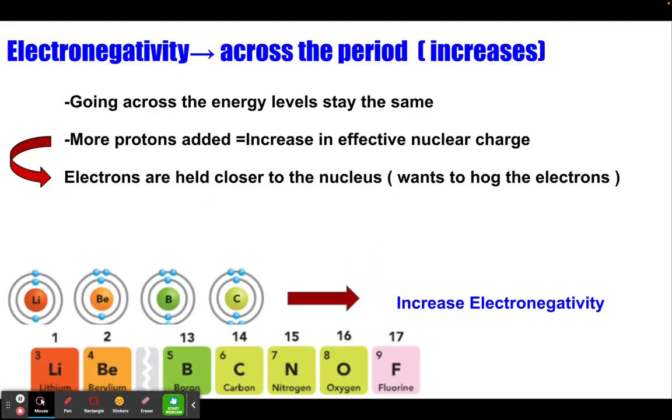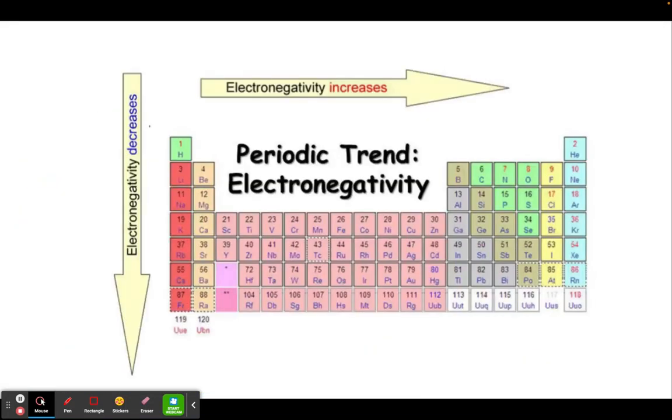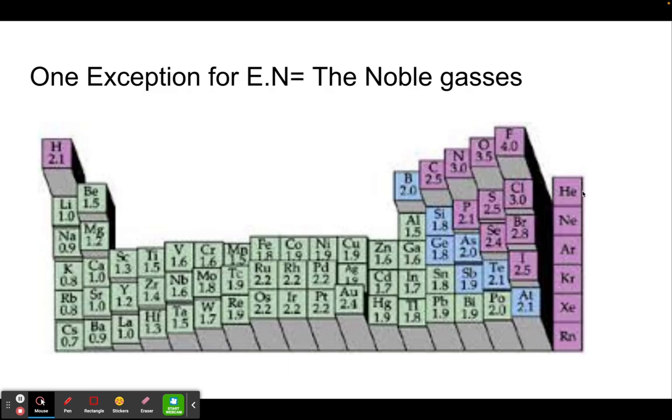Okay? There is one exception though, which are the noble gases. This is a chart that tells you electronegativity. So fluorine is the most electronegative atom, with cesium being the least. The noble gases are not electronegative at all. So remember, electronegativity means you want to pull electrons.